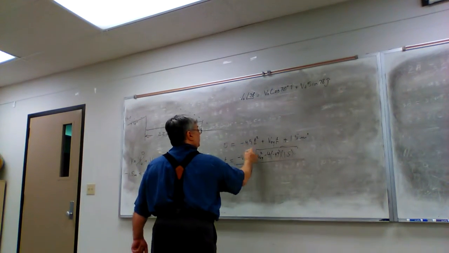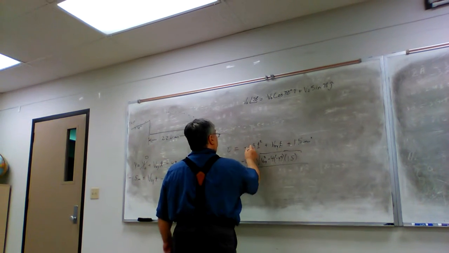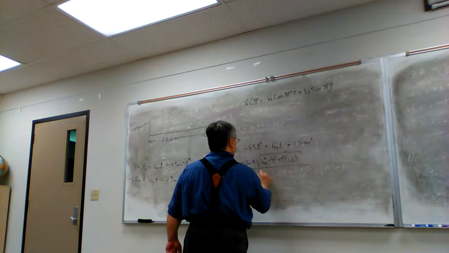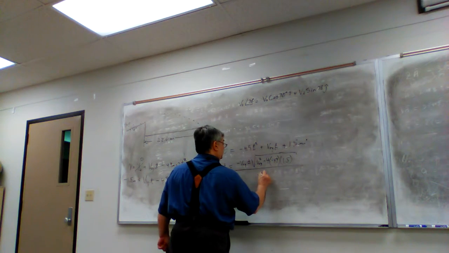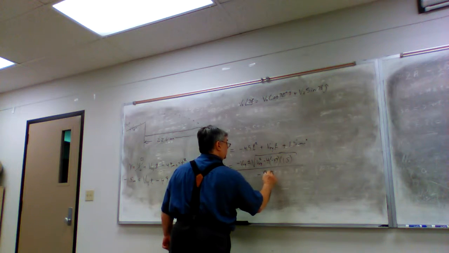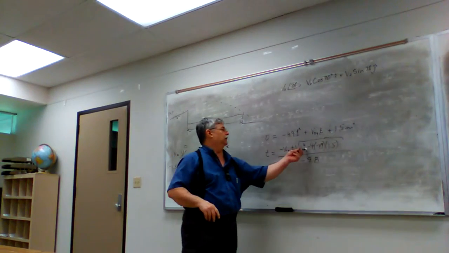That's 4 times a times c, all divided by 2 times minus 4.9, which is minus 9.8. And we have an unknown under this radical.